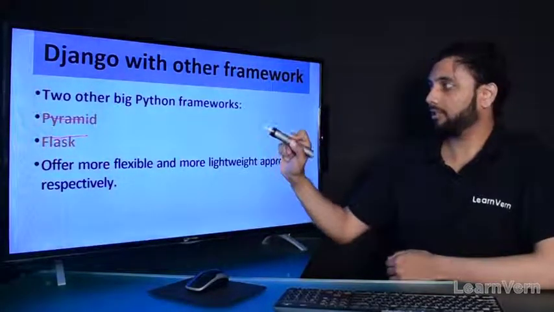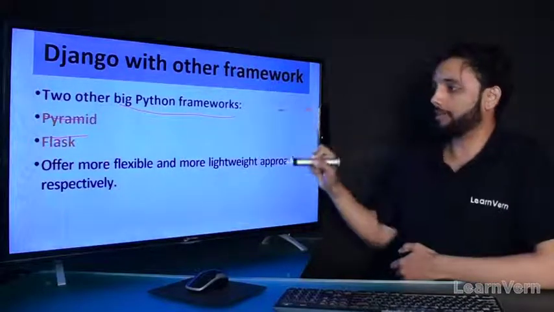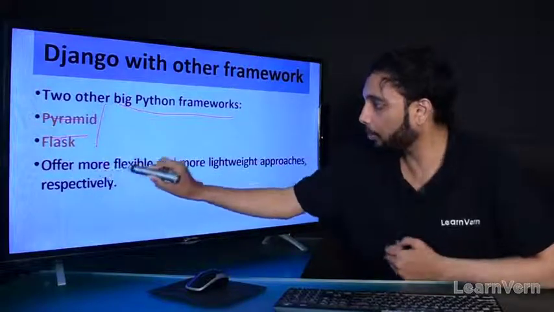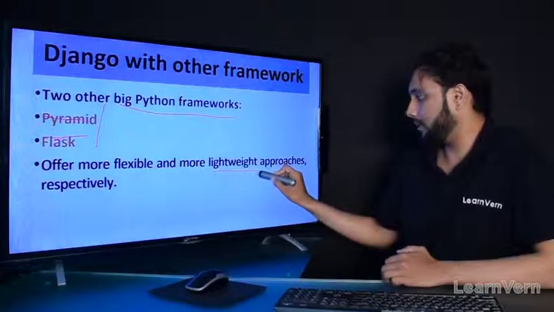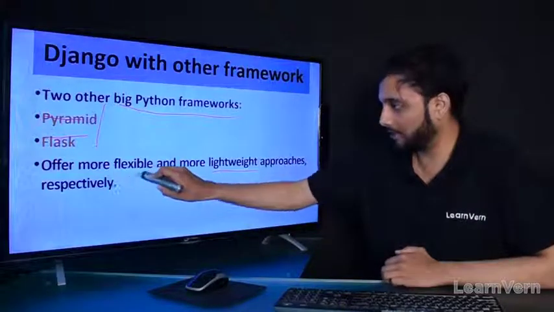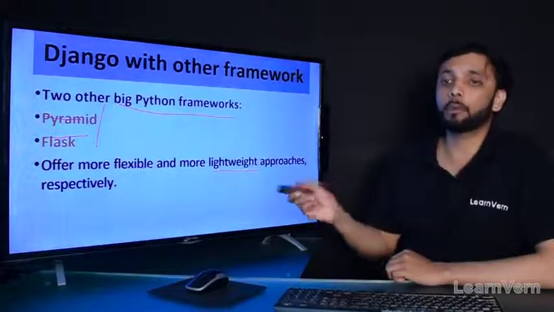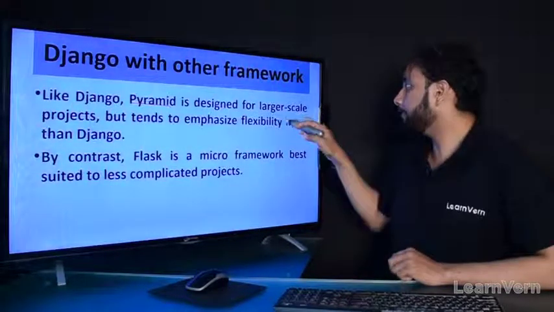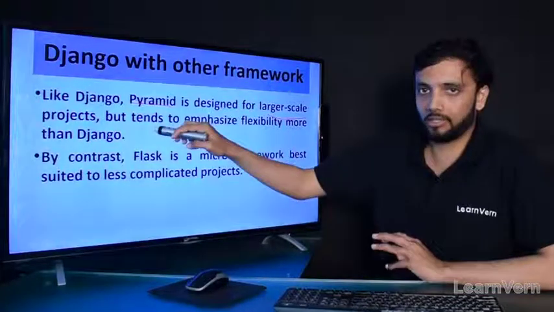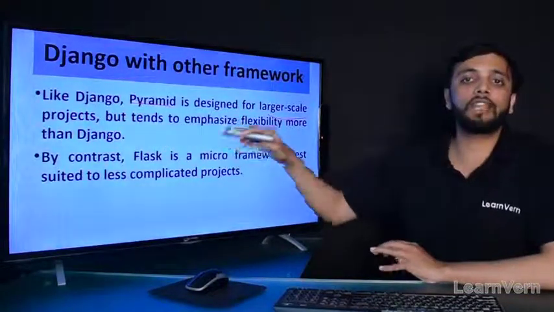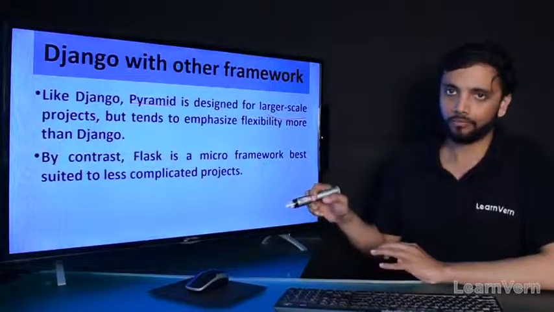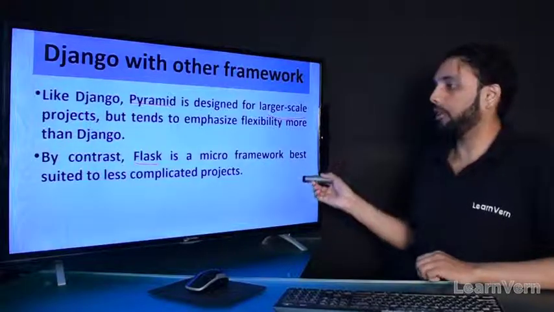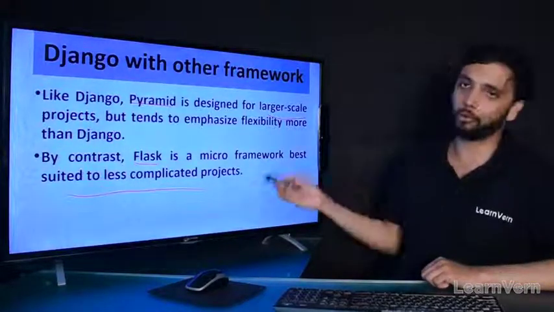These two frameworks offer more flexible and more lightweight approaches respectively. Like Django, Pyramid is designed for larger scale projects but tends to emphasize flexibility more than Django. By contrast, Flask is a micro framework best suited to less complicated projects.